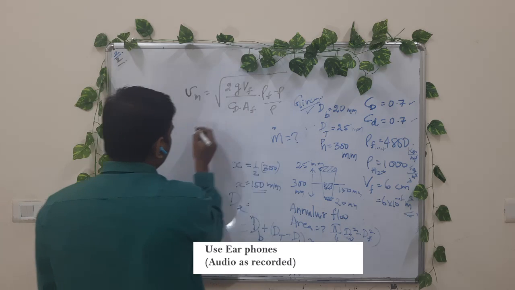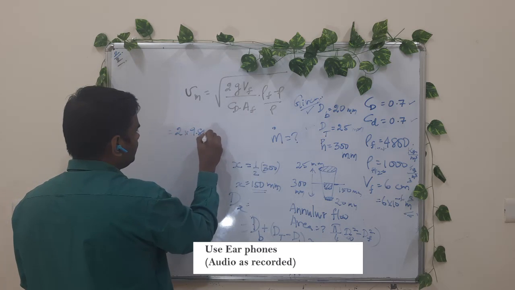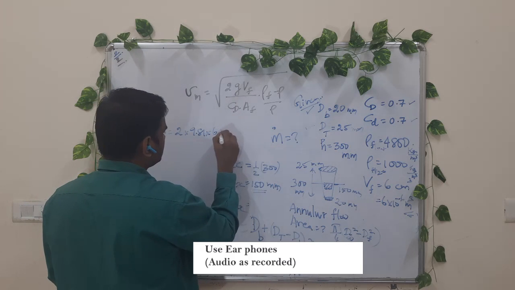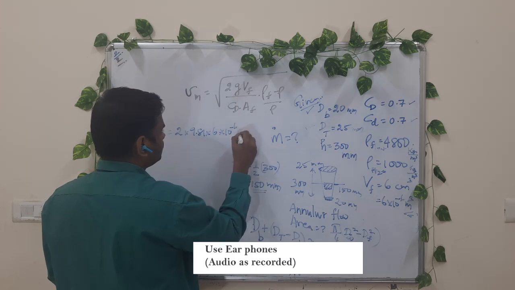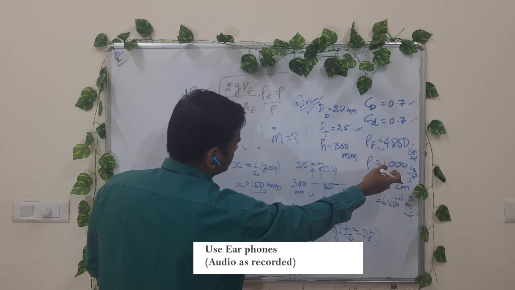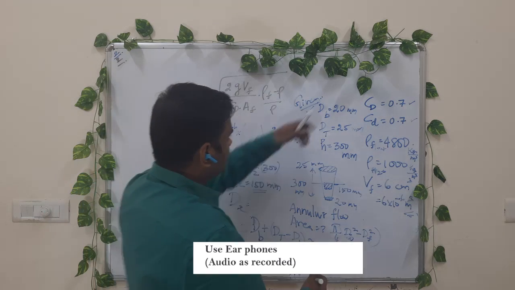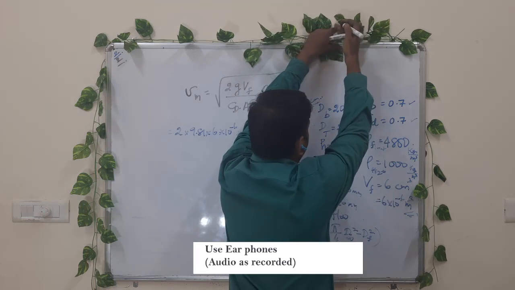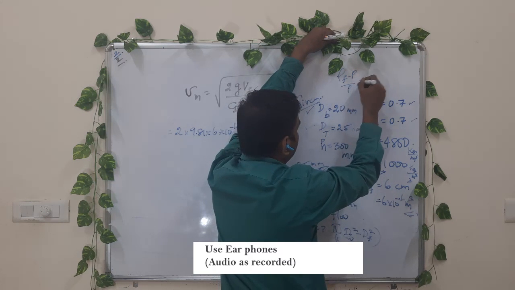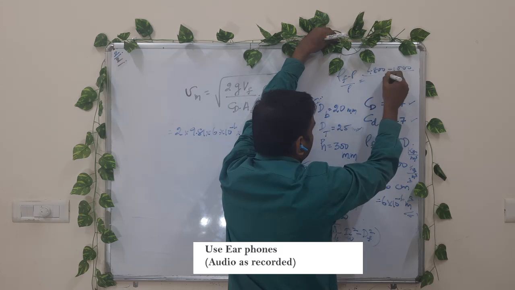For this we have all the data. 2 into 9.81 into the volume of the float, which is given as 6 into 10 power minus 6, into (rho f minus rho) by rho. We have rho f as 4800 and rho as 1000, so we can determine separately that (rho f minus rho) by rho equals (4800 minus 1000) by 1000.